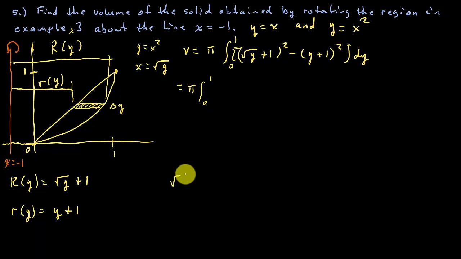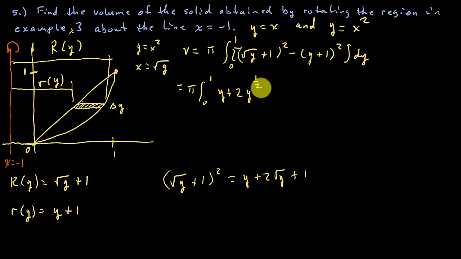Once again, we can come down here and multiply this out. That's going to be y plus 2 square root of y plus 1. So that's y plus 2. Now, instead of writing square root of y, I'm going to rewrite that as y to the 1/2, since we're going to have to integrate it.